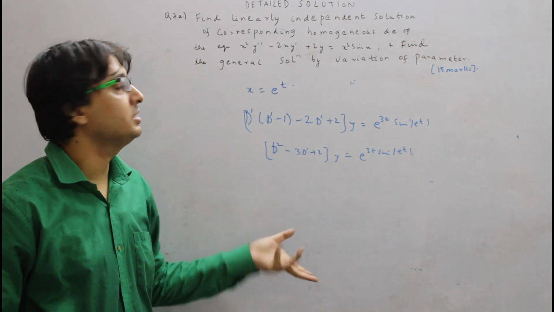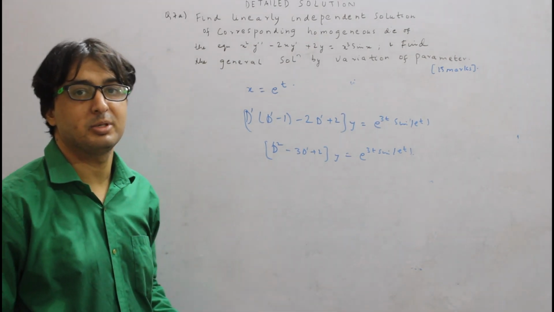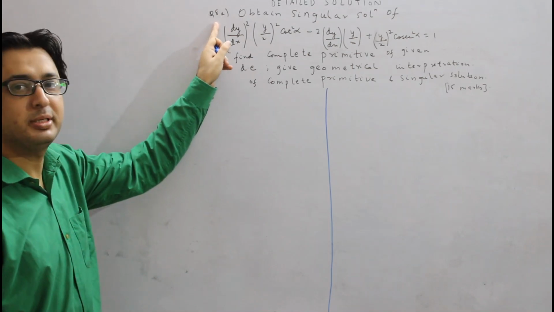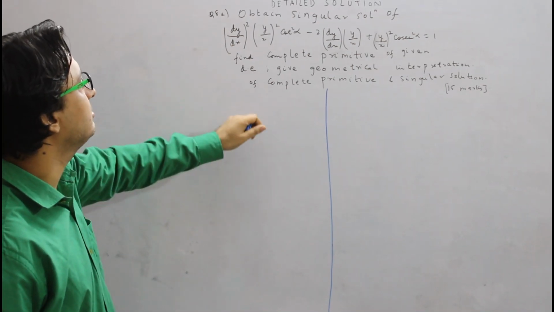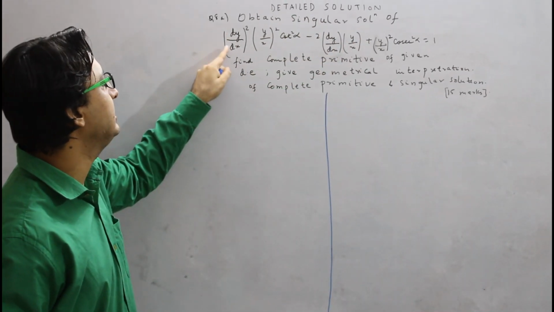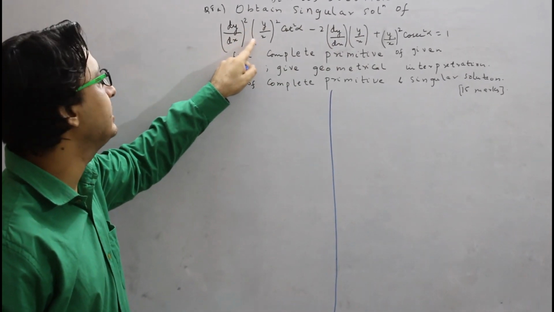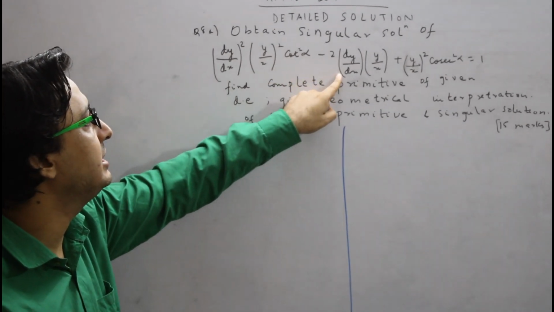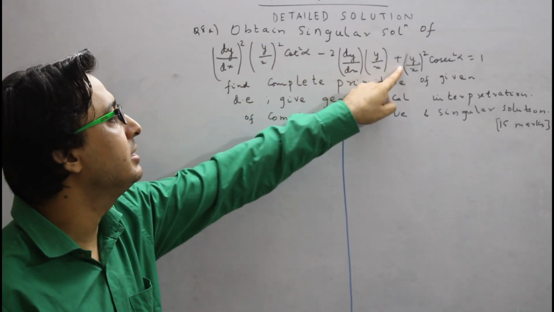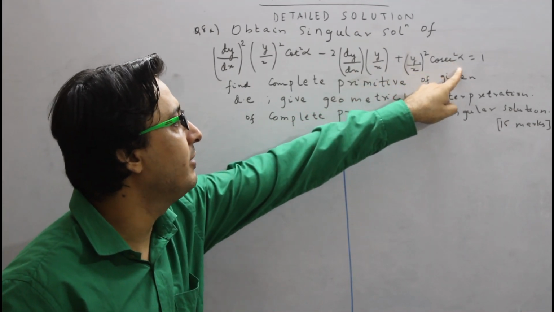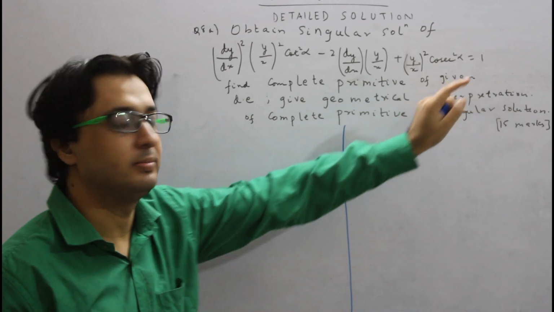So now I am going to take the final question that is asked in this examination. The question is question number 80 that appeared in the examination, asking us to obtain the singular solution of (dy/dx)² (y/x)² cot²α − 2 (dy/dx)(y/x) + (y/x)² cos²α = 1.